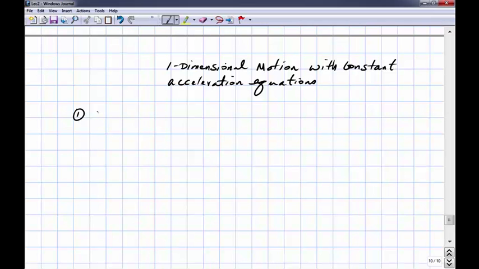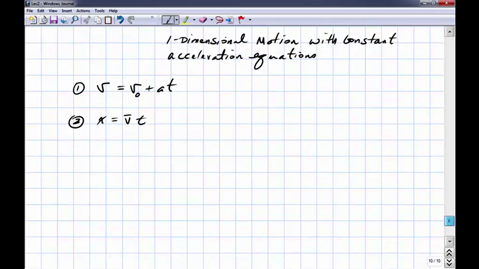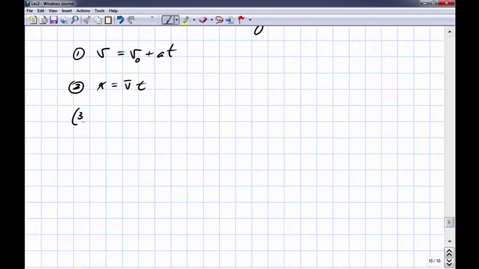So equation 1 was v equals v0 plus at. Equation 2 is x equals v bar t, and remember that warning that this equation comes with. Equation 3, v bar equals v0 plus v divided by 2.